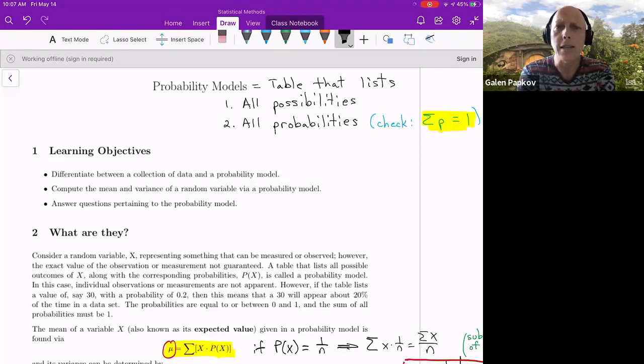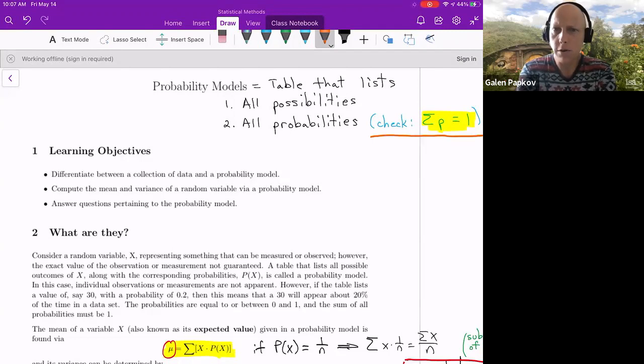And so that's what I summarize at the top here, that a probability model is a table that says everything that could happen and how often or how likely they can happen. And so if you have all possibilities accounted for, then the sum of those possibilities must be 1 or 100%. So it's a nice quick check to make sure that you have a probability model and that it's complete.